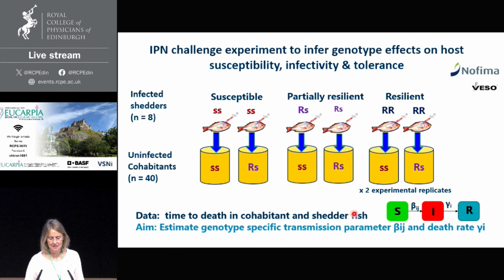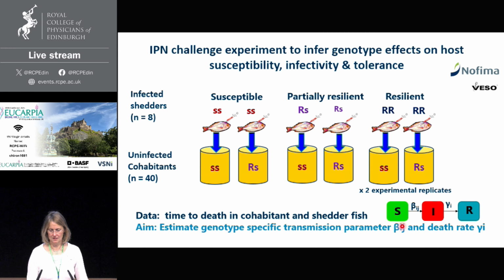We just had when the fish died. So we assumed our easy epidemiological model. You see here the compartmental model that you saw before. And the aim was to estimate the genotype effect on the transmission rate, the infection rate of the susceptible individuals, and then on the death rate.